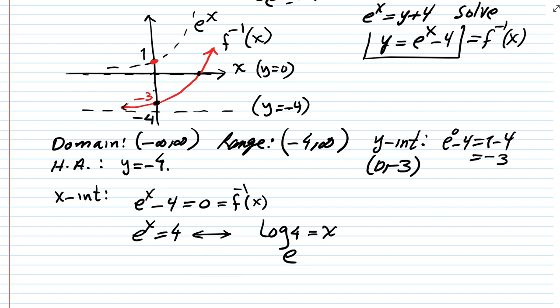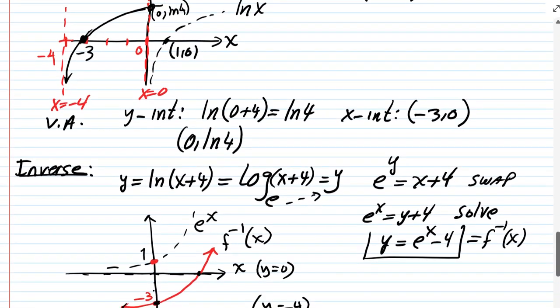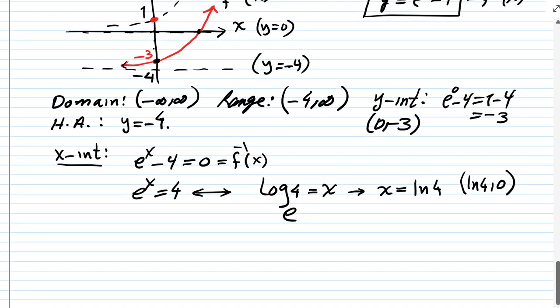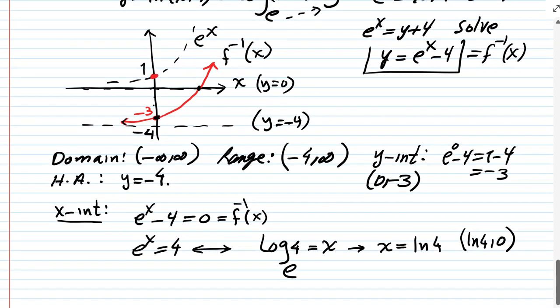And there we have it. Therefore, x is log base e of 4, which is natural log of 4. So my x-intercept has the coordinates (ln 4, 0). And look at (0, ln 4) for the log function, and this is for the inverse function, the exponential function. Okay, and we are good with this one.